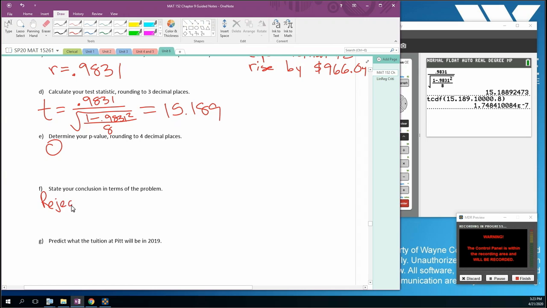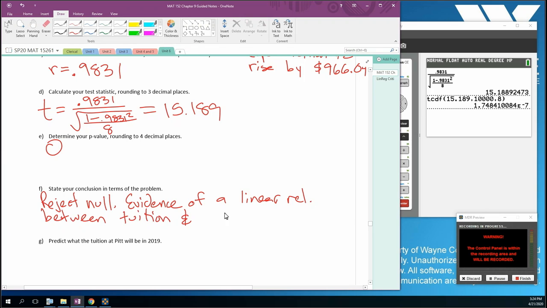We have evidence of a linear relationship between tuition and number of years. And at that, it's a strong relationship.